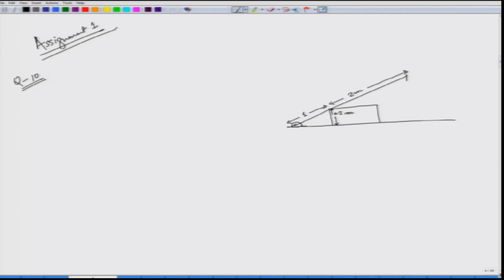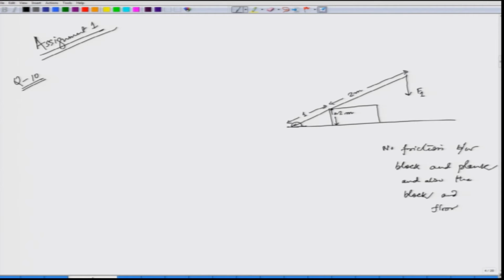So, there is a force, let us say F1. There is negligible friction between the block and the plank, and also between the block and floor.